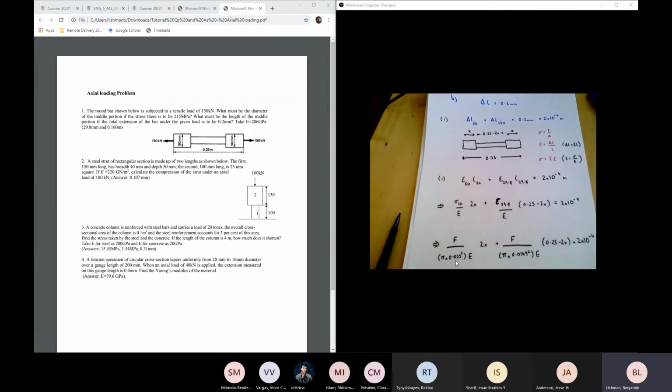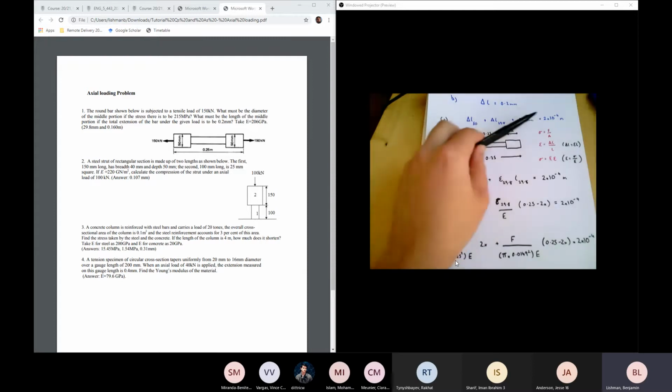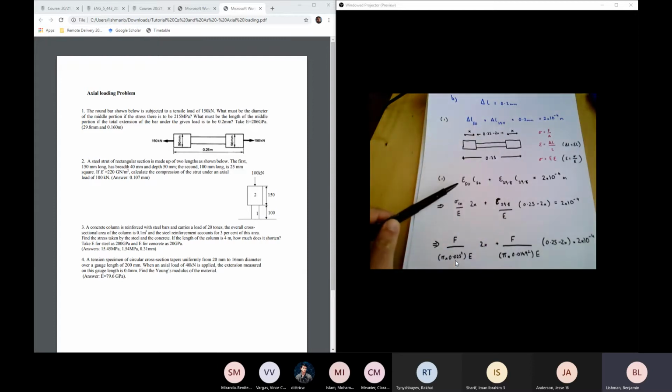Anyone else see my mistake? I kind of feel like it's somewhere in these 3 lines. This line seems okay to me. The total change in length has to be 2 times 10 to the minus 4 meters.